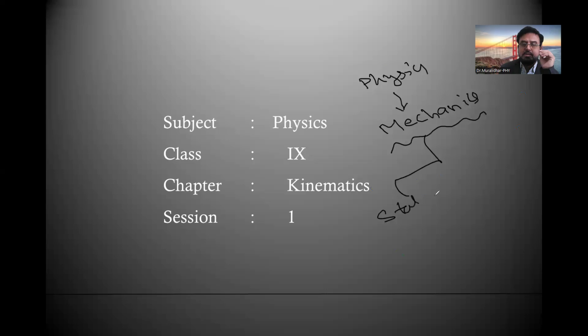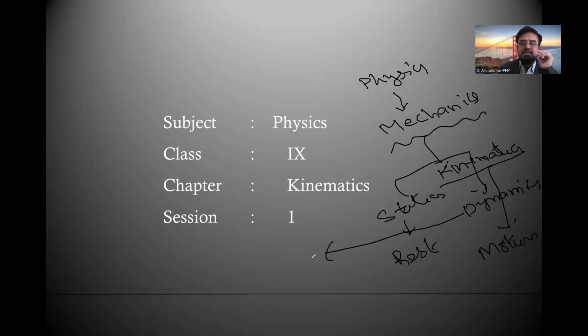Then statics, kinematics, and the third one is dynamics. So statics is study about rest, and kinematics is study about motion. And dynamics is study about motion with cause. With cause is nothing but study about force, because cause is force only. Newton's laws and all come under dynamics.